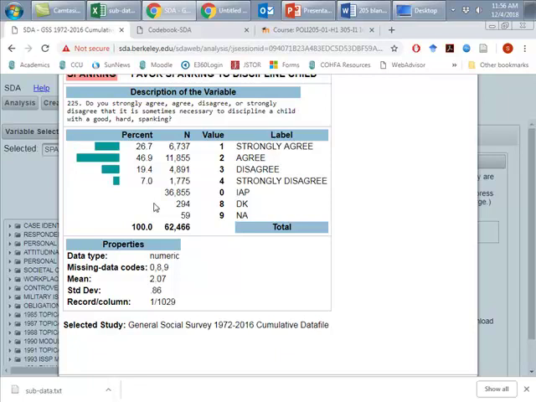This is what I would do. I don't know really how much distance there is between strongly agree and agree. Like, what is the strongly agree person up to? Not only do I believe in spanking, but I have a ritual. I got to paddle, right? I got to process.